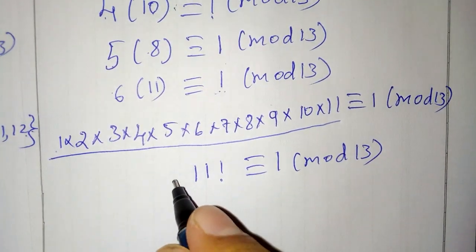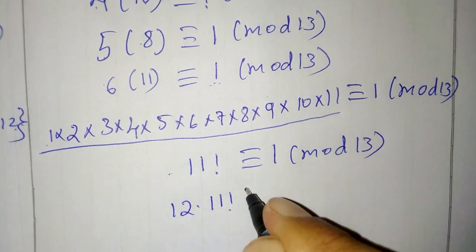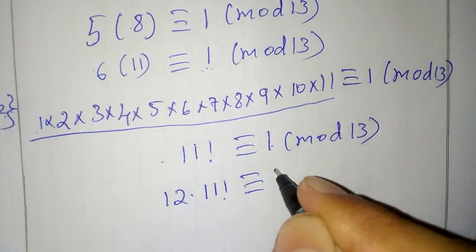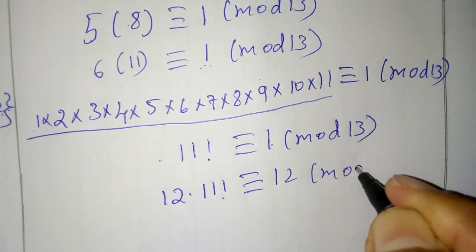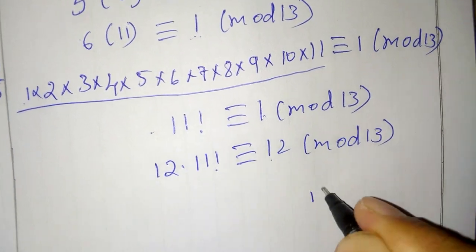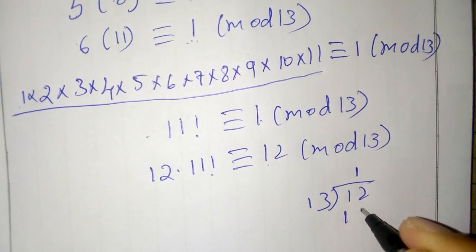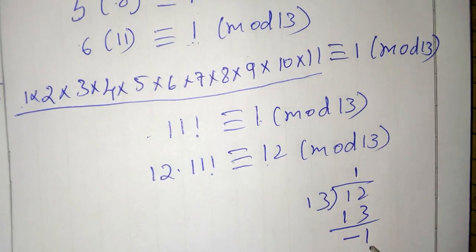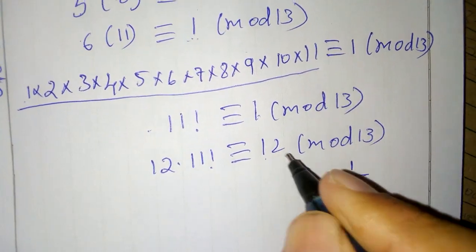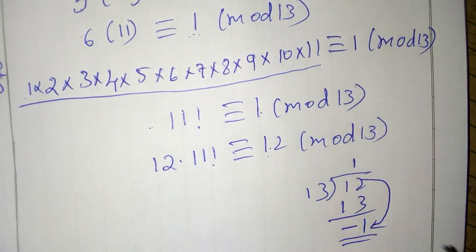Now if we multiply both sides by 12, we get 12 into 11 factorial, and 12 into 1 is 12 mod 13. Now instead of 12 we can write minus 1, because if we divide 12 by 13, 13 into 1 is 13, and 12 minus 13 is minus 1.